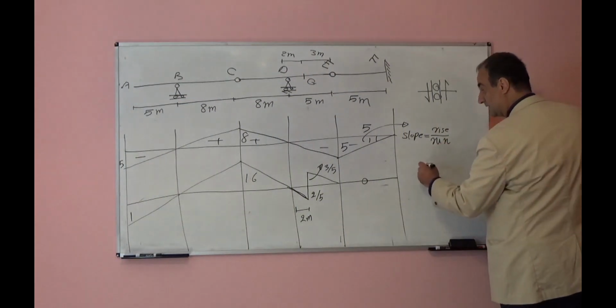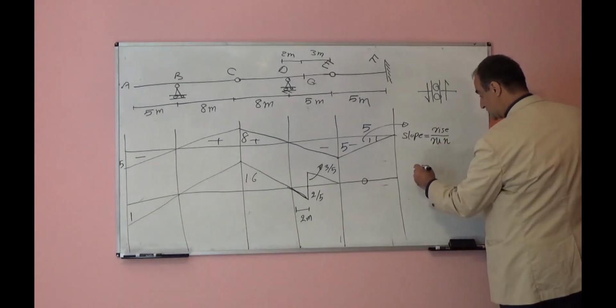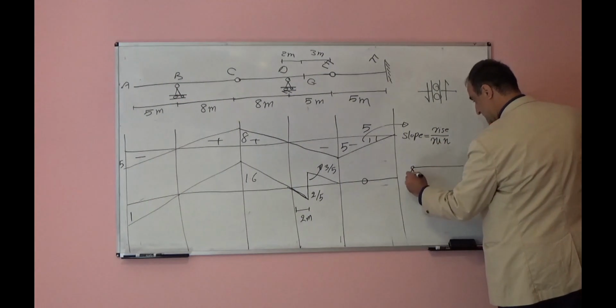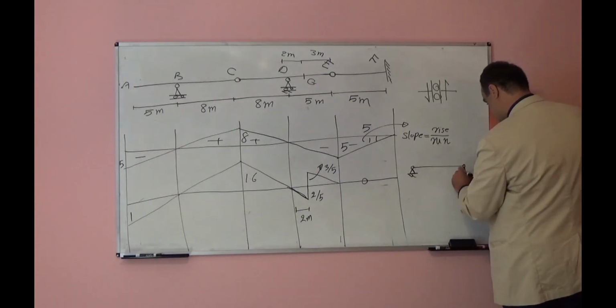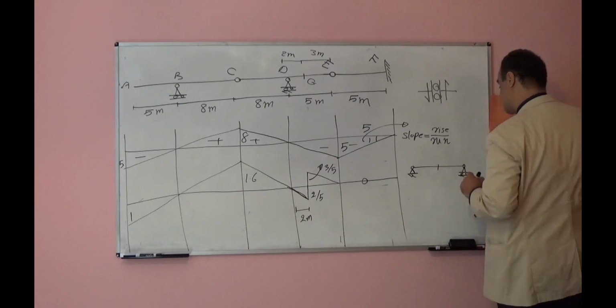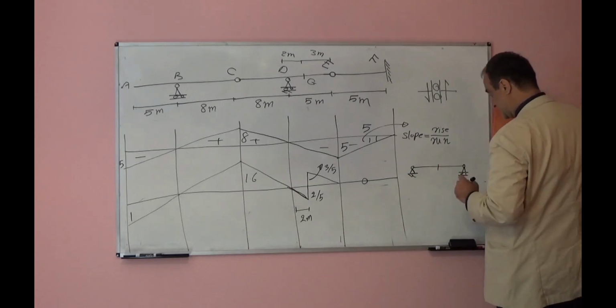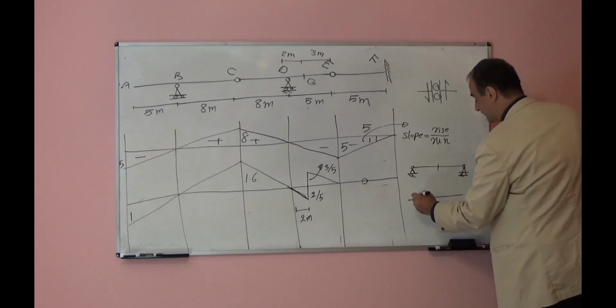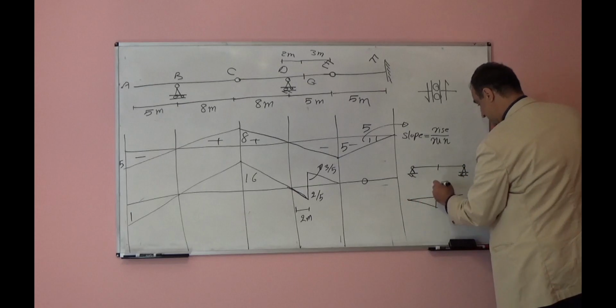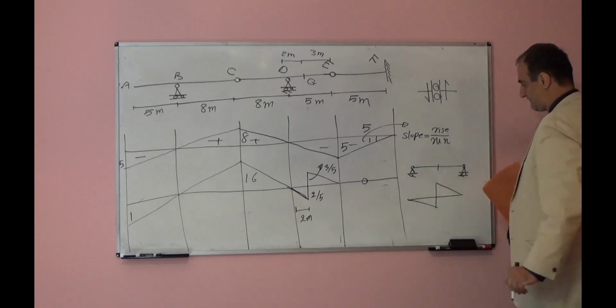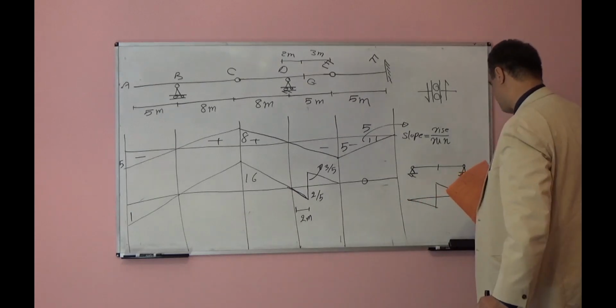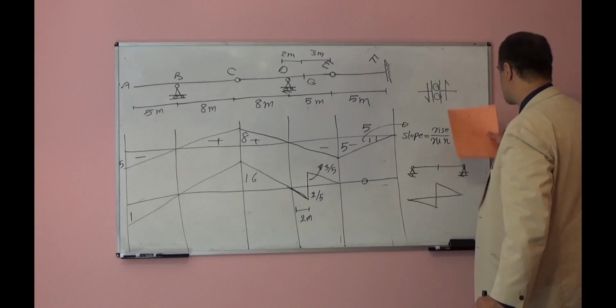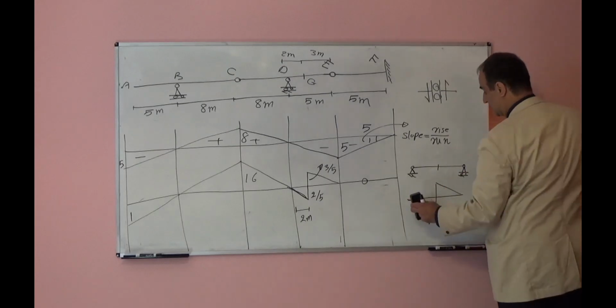Of course I can figure it out in one simply supported beam. Just a moment. If I apply, for example, influence line here, and I move this side down, this side up. This should be right.